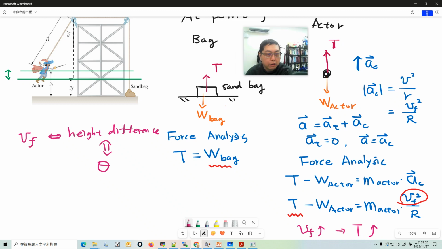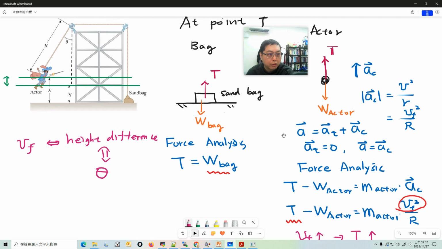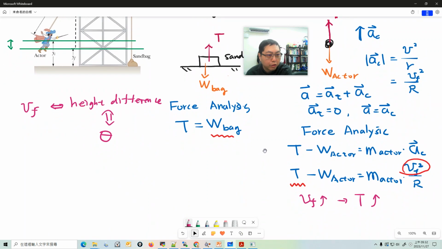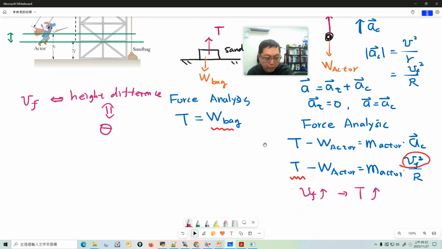In this problem, I say use the mechanical energy conservation. Do you still remember the formula?